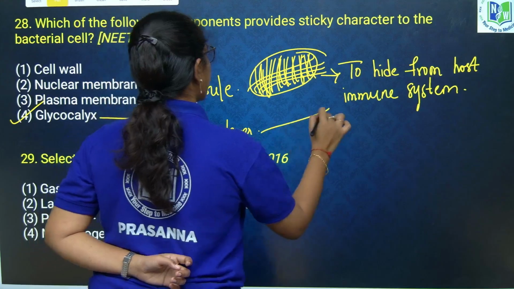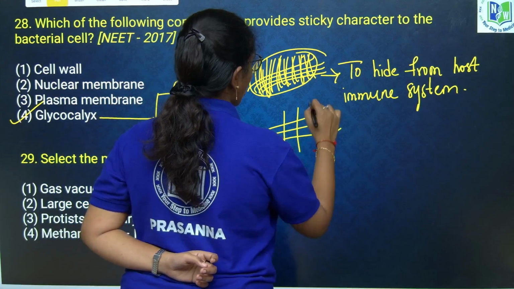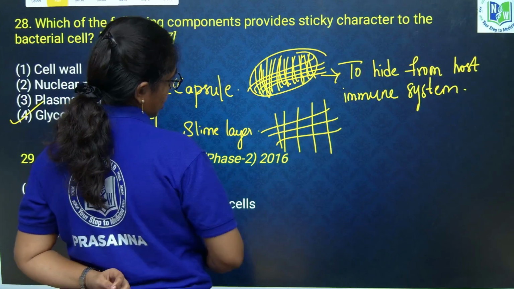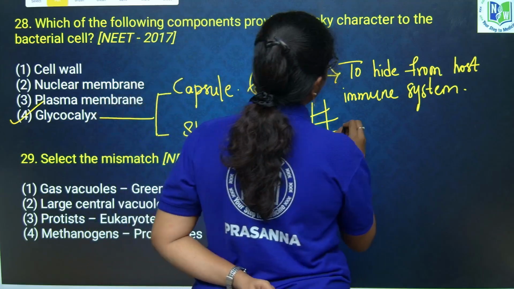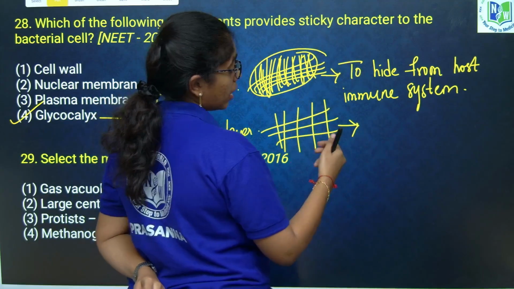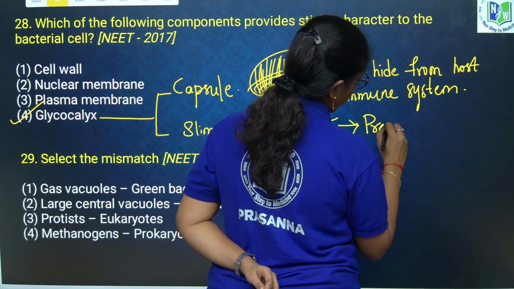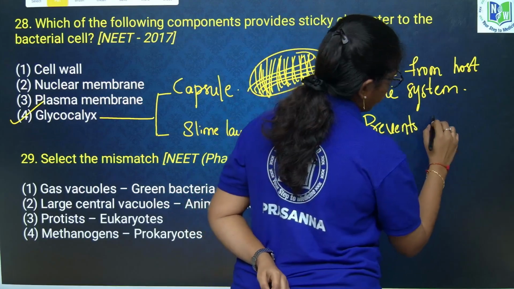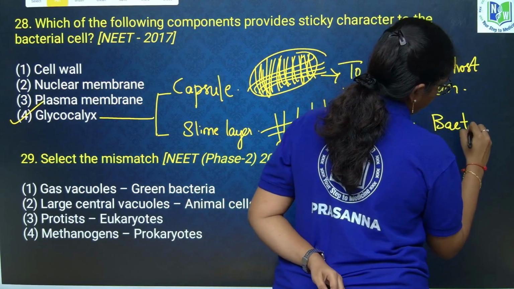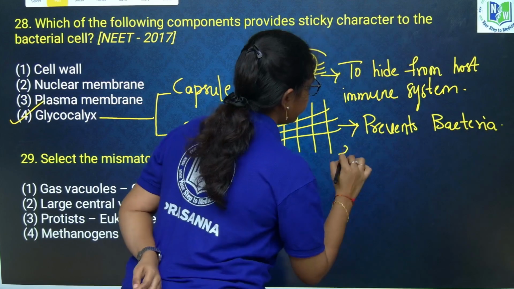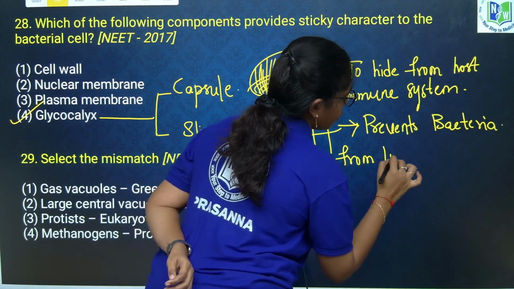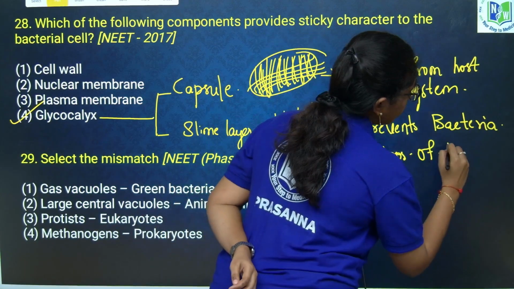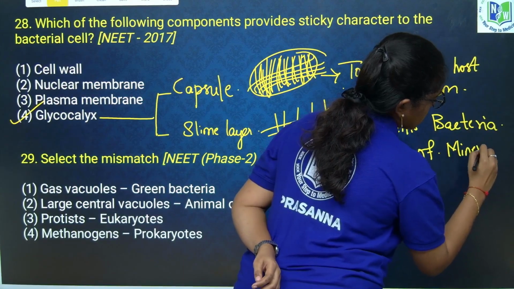In the slime layer, the molecules present in the glycocalyx are loosely arranged, and this prevents the bacteria from loss of minerals and nutrients.